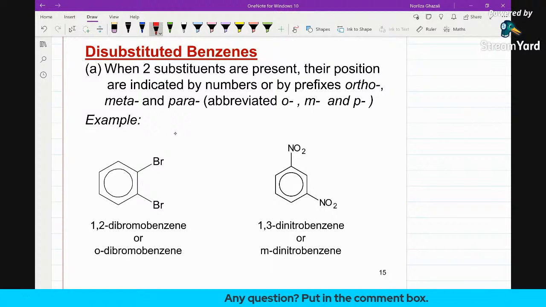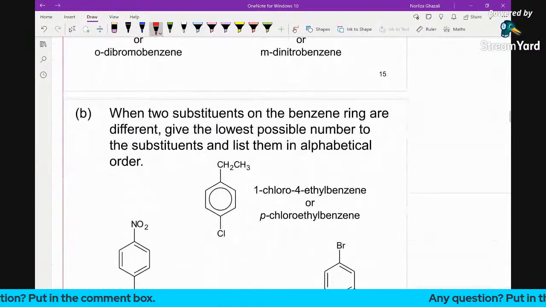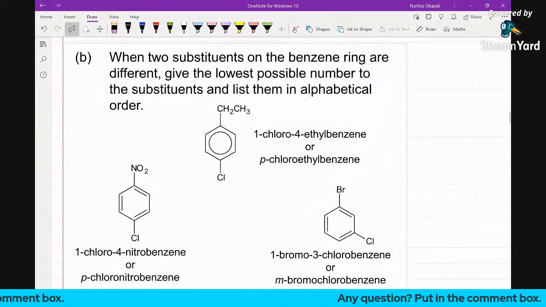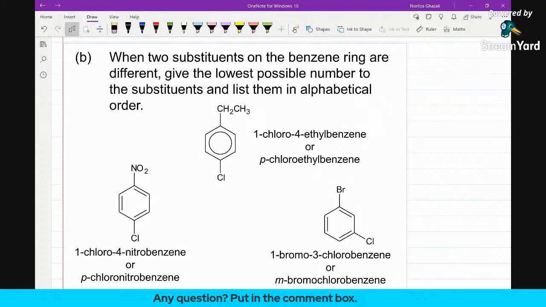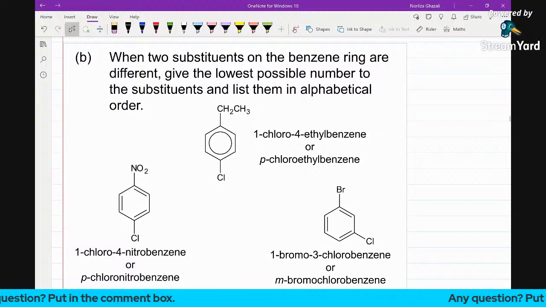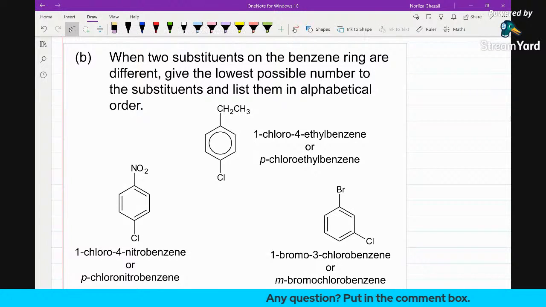Okay, 1,3 we can replace with M. M stands for meta. Meta-dinitrobenzene. And the other one is para, 1,4. Okay, so this is 1-chloro-4-ethylbenzene. So chloro and ethyl, we arrange them according to the first alphabet.